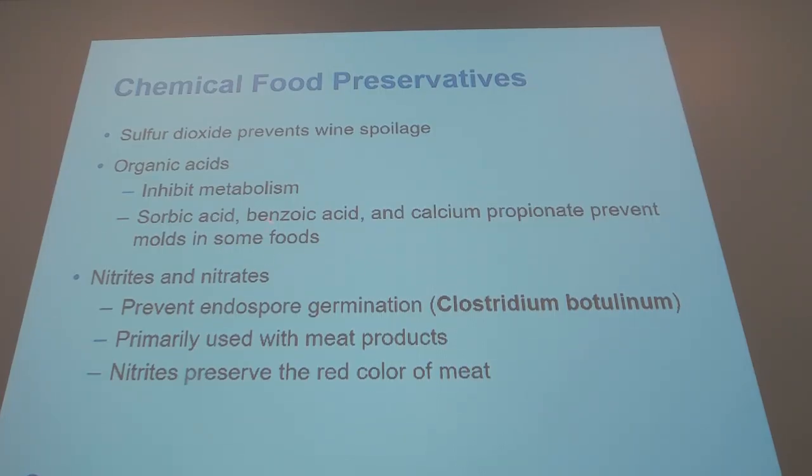And then we have these two other molecules, nitrites and nitrates. They are important to prevent the growth of endospores from Clostridium botulinum, for instance. They are used primarily in processed foods like meat products, like franks to make hot dogs.